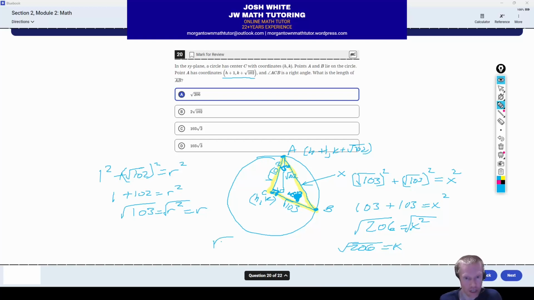So you could just do root 103, which is the leg, multiply it by root 2 to get the hypotenuse, and this is just equal to square root 206. That's just a shortcut you could use to save a little bit of work and time if you recognize that triangle ACB is a 45, 45, 90, basically isosceles right triangle.